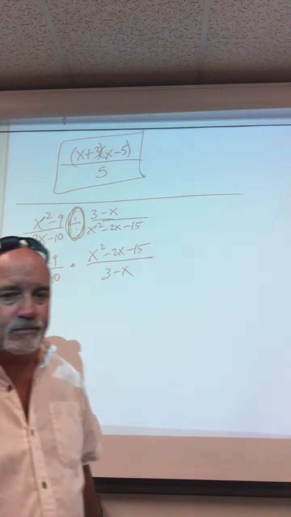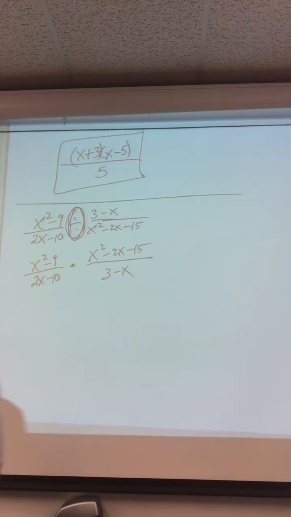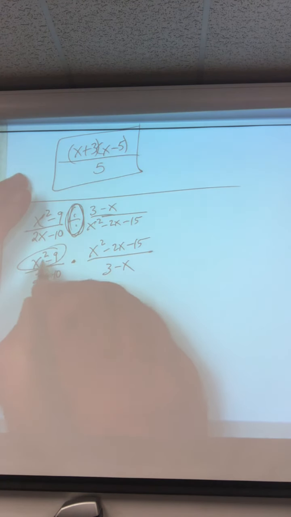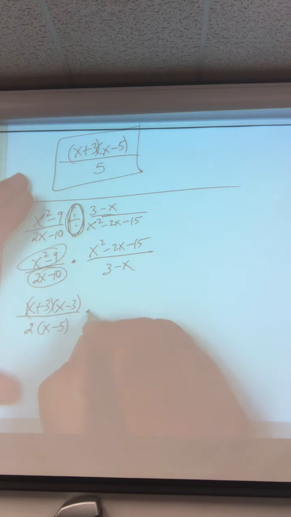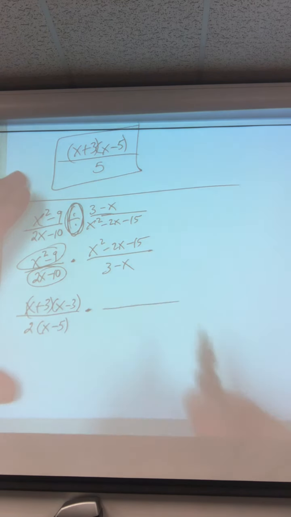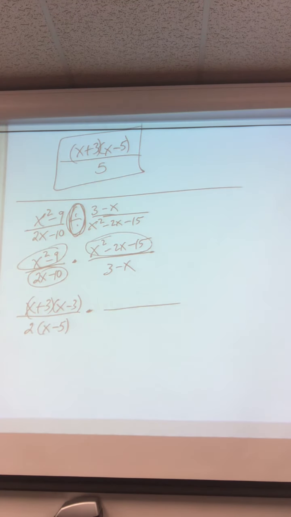Now step 2, factor every numerator and denominator. Okay, x squared minus 9. The difference of two perfect squares. 2x minus 10, GCF of 2. All right, now this one, x squared minus 2x minus 15.